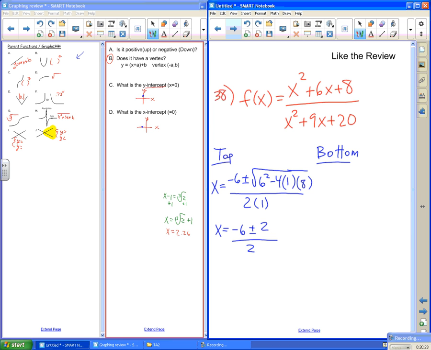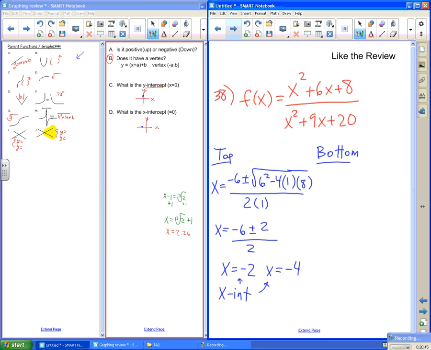Okay, 2. So negative 6 plus 2 divided by 2 is negative 2, and negative 4. So those are my tops. Those are my x-intercepts.